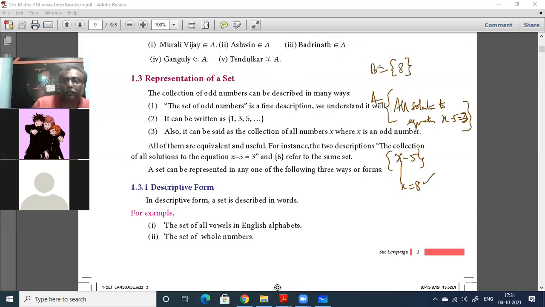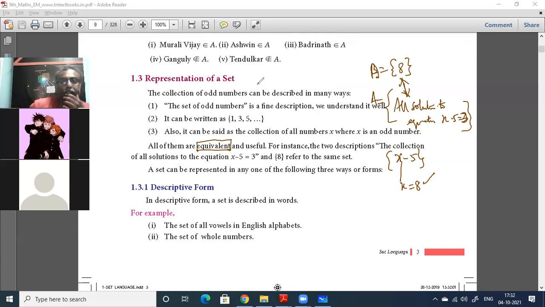But you can put A because both are the same. This also is 8, that also is 8. So they are equivalent. This word is very useful. Equivalent means they are the same as each other. Although you define it in a different way, they are finally the same.